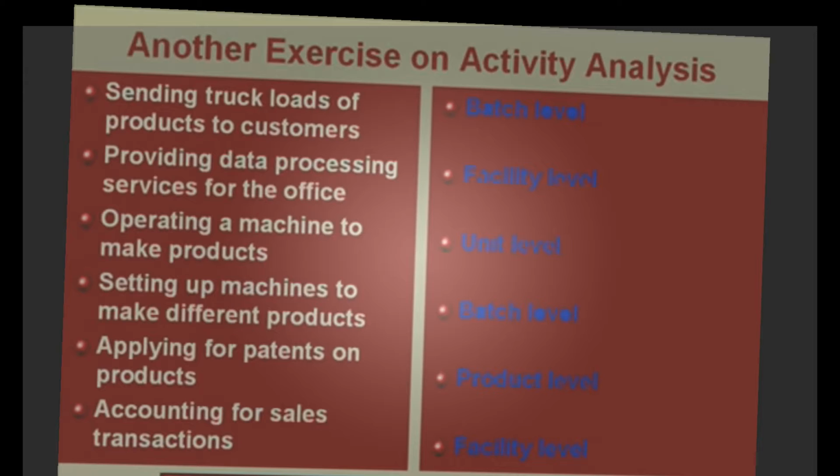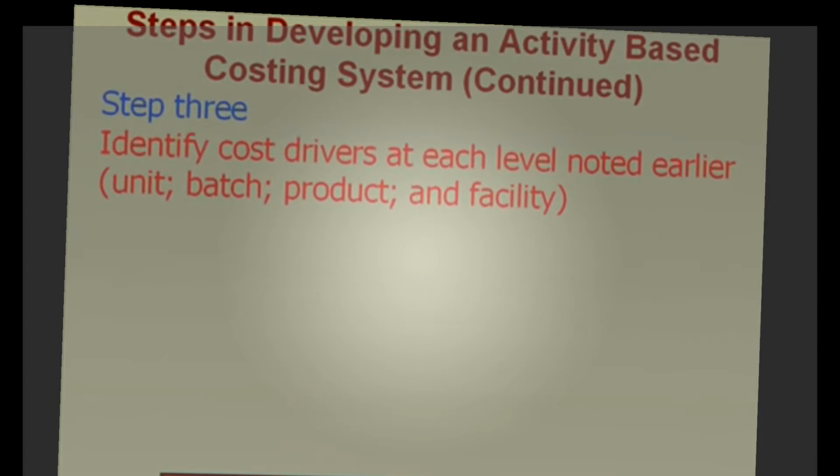Let's continue with the rest of the steps in developing an ABC system. Step 3. Identify cost drivers at each level noted earlier. Unit, batch, product, and facility.